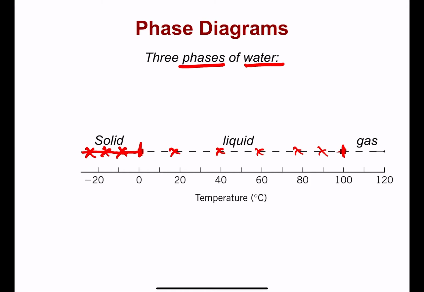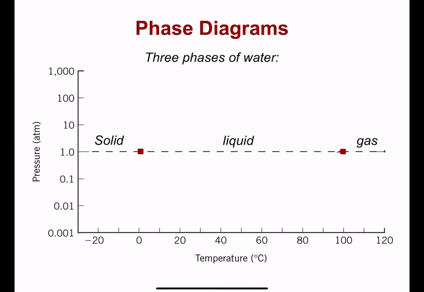You know this phase diagram, and the most important data we have are right here, which represent the phase transition points. These are known and very specific to the conditions of the experiment, meaning the pressure. So at atmospheric pressure, corresponding to 1 atmosphere, we have those two data points.